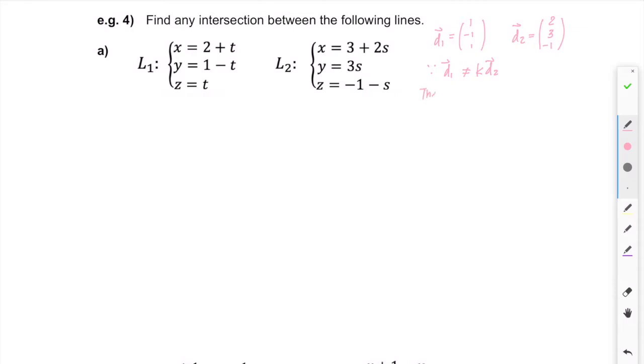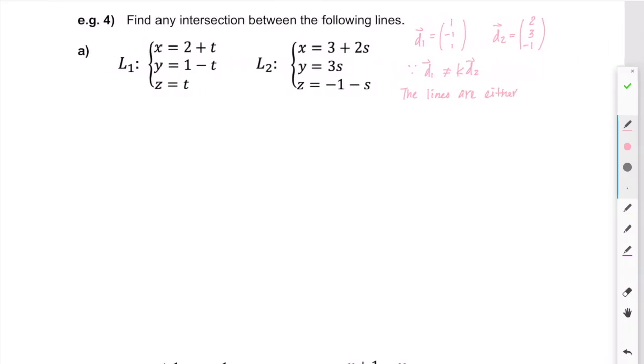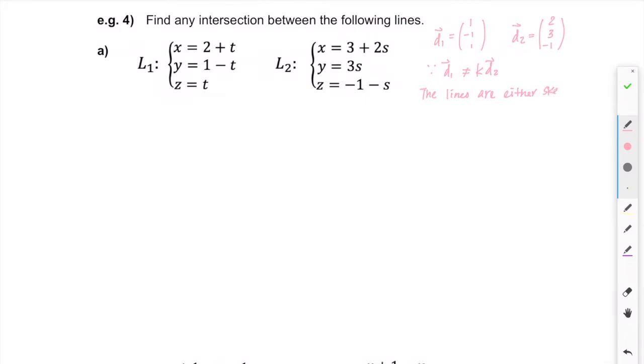The lines are either skew, right? They can't overlap, they can be parallel, or have one point of intersection. Okay, so we have to try and solve the system of equations to see which case it is.